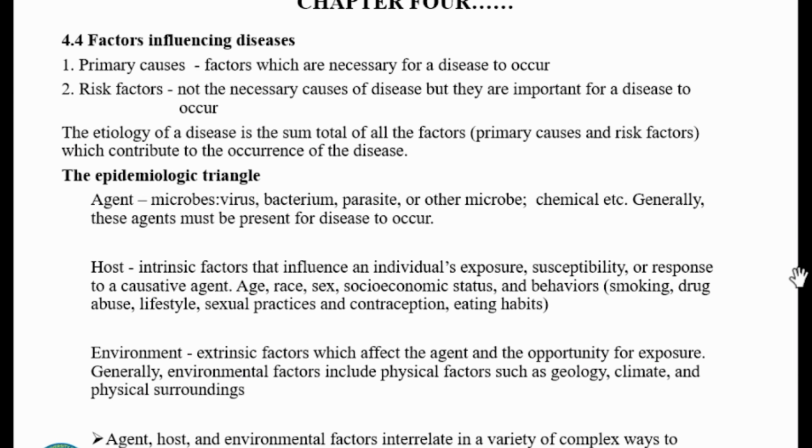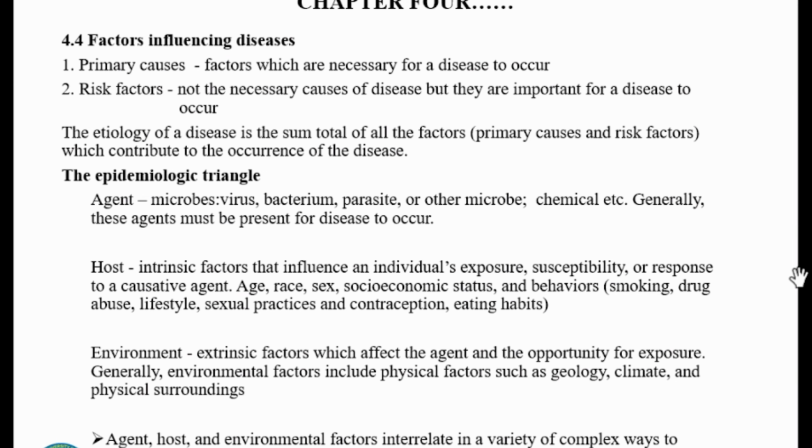For example, when we're talking about sexual practice, it is obviously not for younger children. It is for adults or from adolescents and above. When we are talking about contraception, that is for those who are at the reproductive age. It can be for both men and women.